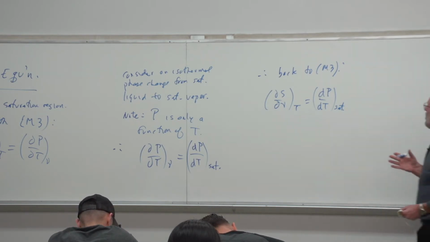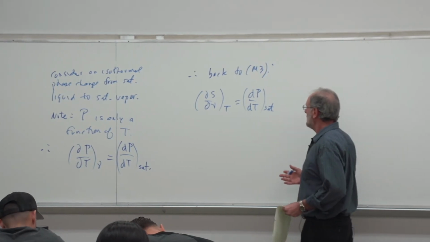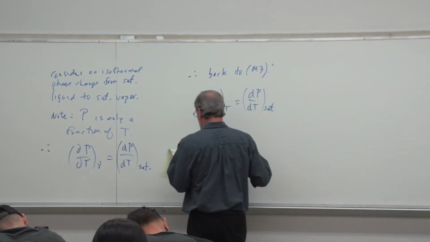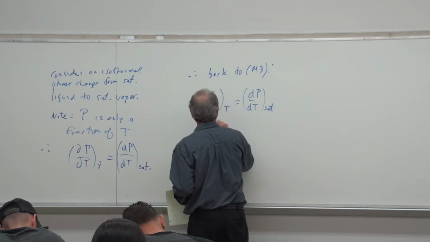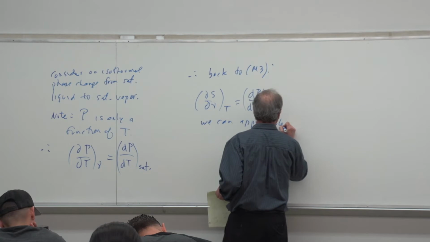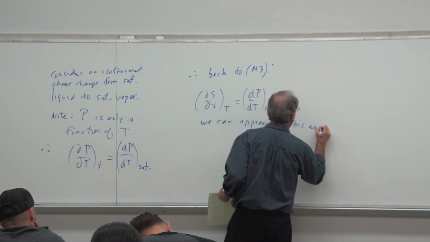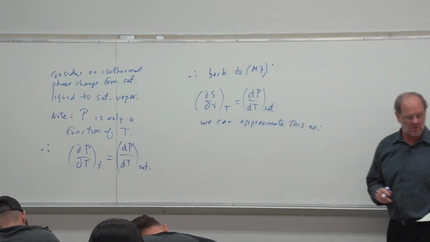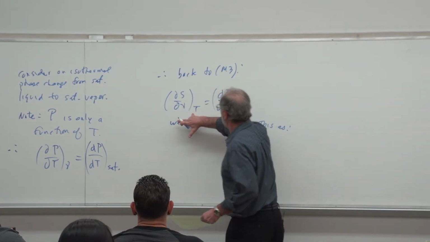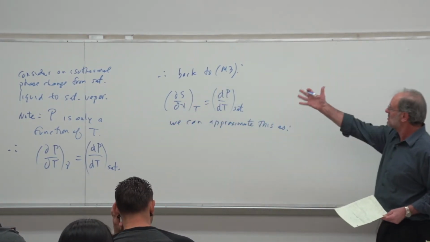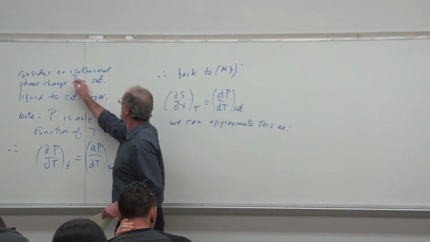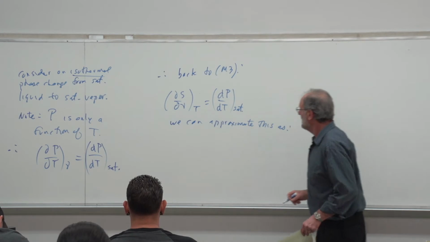Okay. Now, we might also note that this can be approximated. We can approximate this as follows. What I want to do is look at the left-hand side of the equation. At any constant temperature, we are just looking at the isothermal phase change, right? Isothermal, of course, meaning constant temperature.